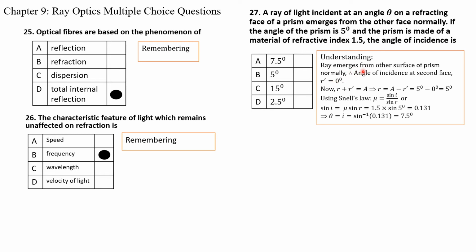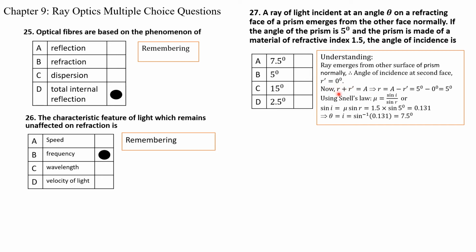So the ray emerges from the other surface of the prism normally. Please draw the diagram of a prism and mark its incident ray and emergent ray. Because of lack of space, I have not shown the diagram. Please open your book and go through it. Therefore, the angle of incidence at the second face, r dash, equals 0.